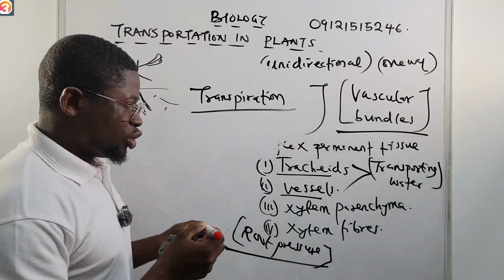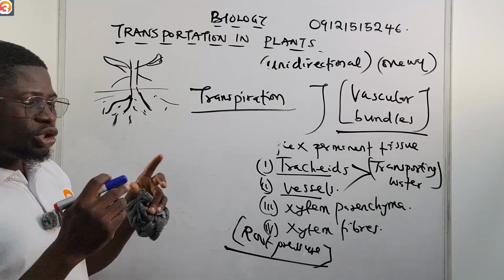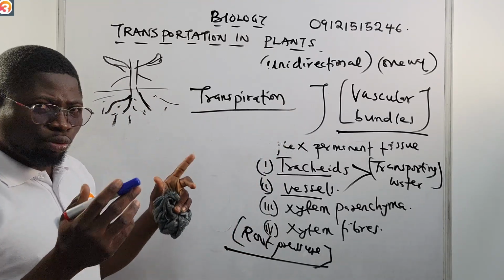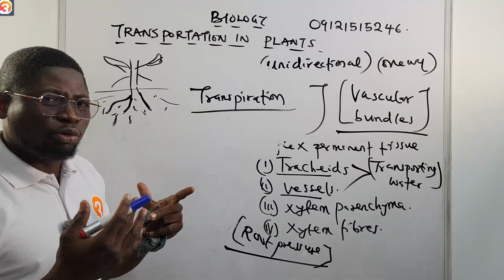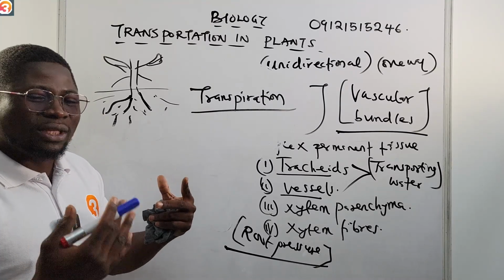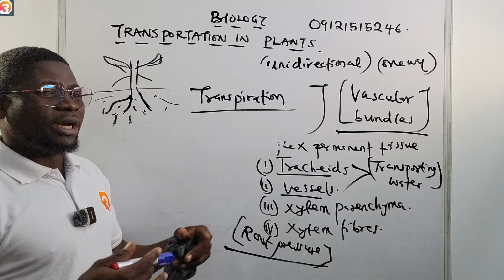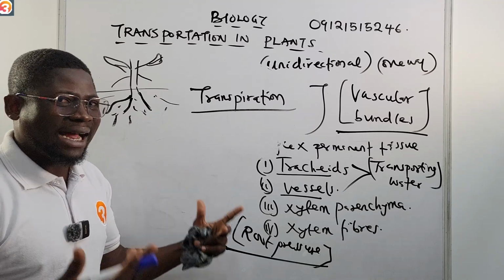Transpiration pull. So transpiration alongside root pressure is what carries water to the upper part of the plant when it comes to very tall plants.